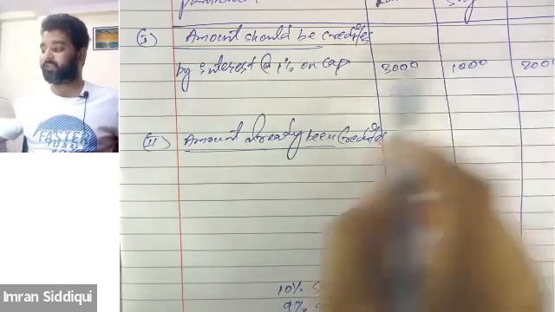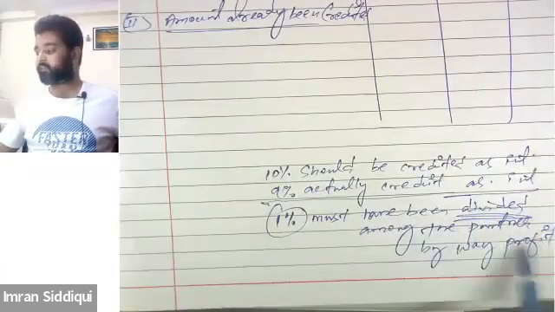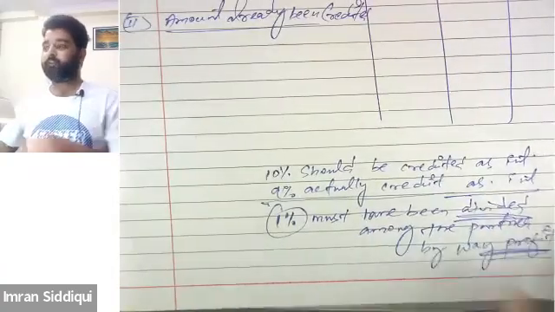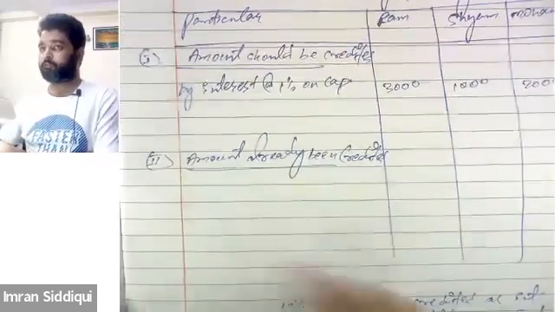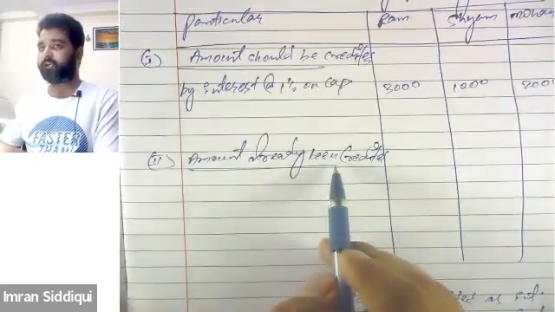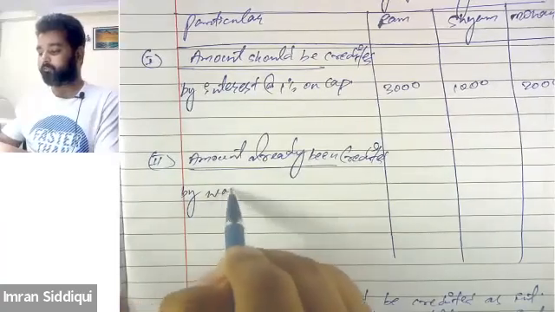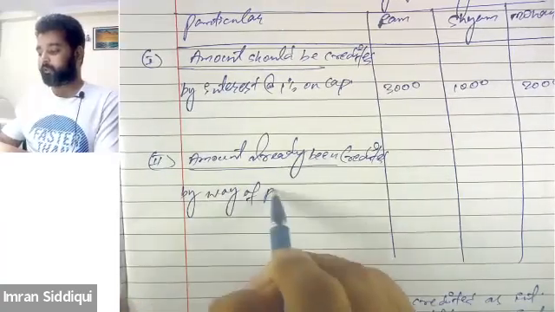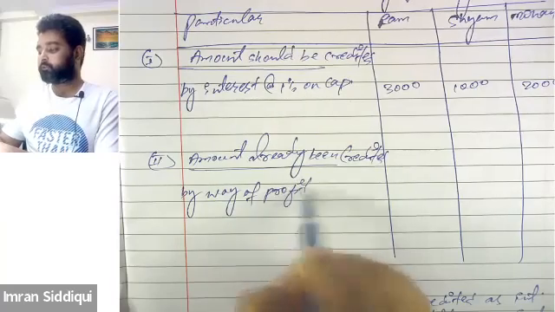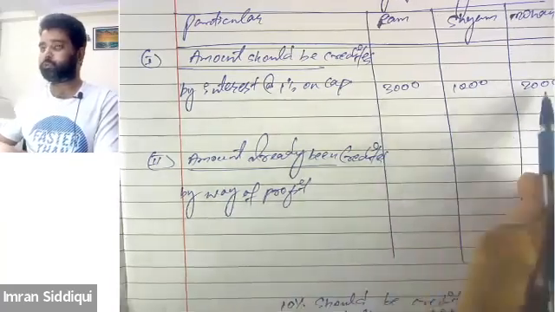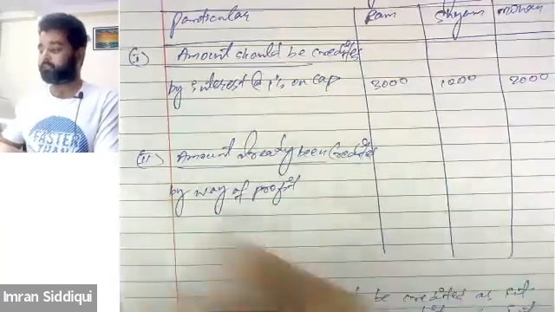But this entire amount was actually divided among the partners by way of profit. So what are we going to do now? We will write the amount already credited by way of profit. The total of 3,000, 1,000, 2,000 will be 6,000.